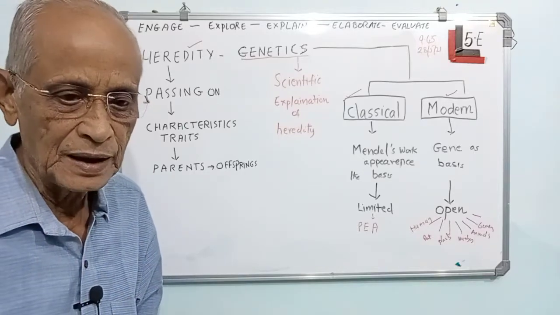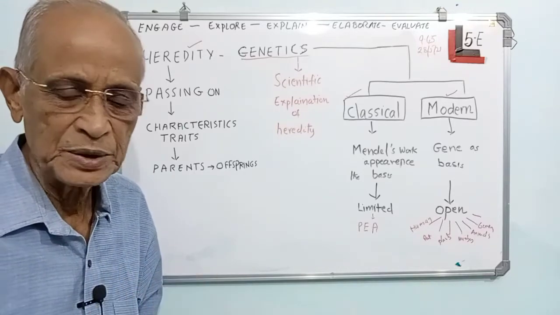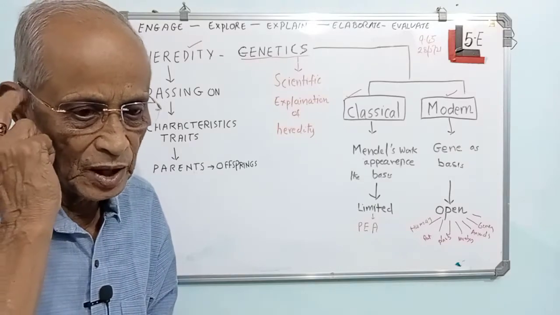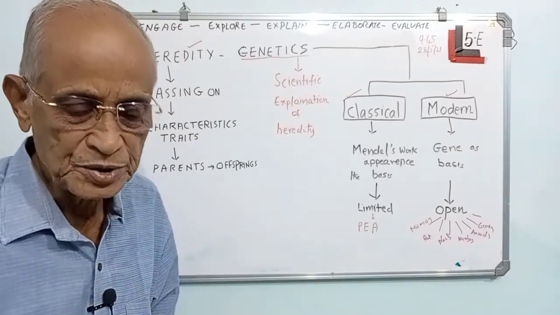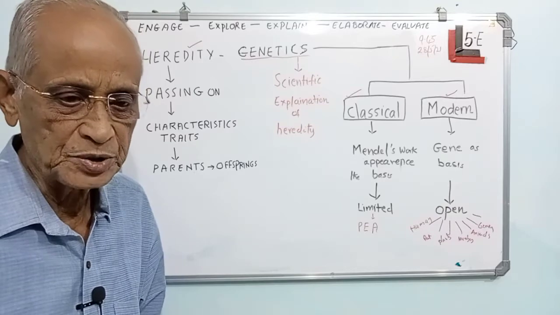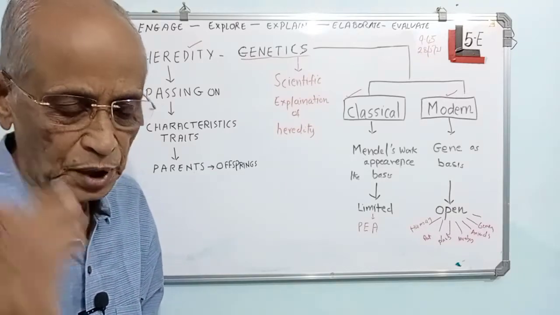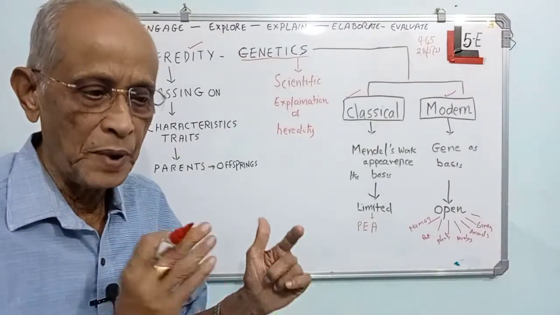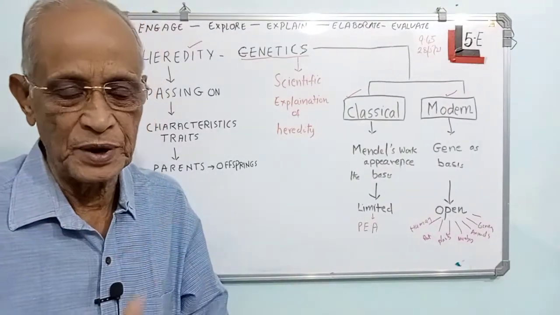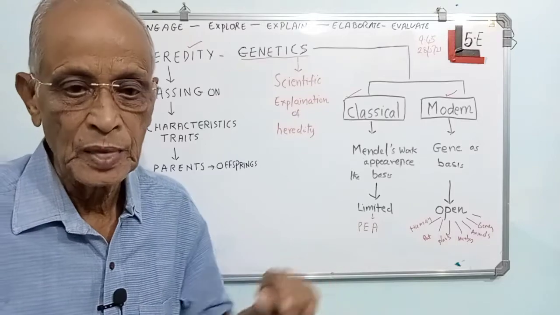Like that, in almost all living beings, which are multicellular, what we call eukaryotes, and also prokaryotic single-celled animals, there is the process of passing on the parental characters to offspring, but in different ways.